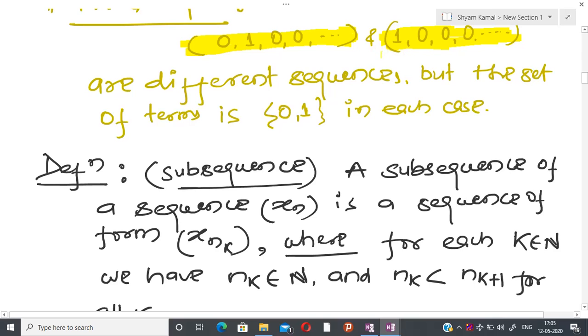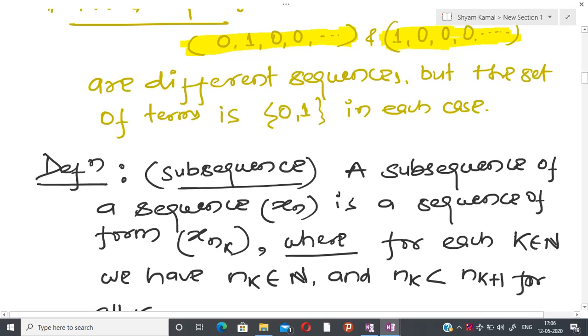So these two sets are equal because they have the same number of elements, and order doesn't matter. Due to that reason, we can interpret this set and this set in the same way. However, if you see the sequence, the first term of the sequence is 0, after that 1 0 0, and here 1 0 0.